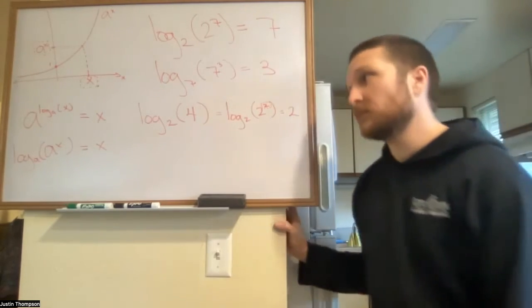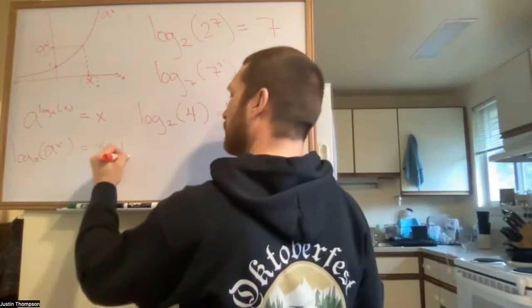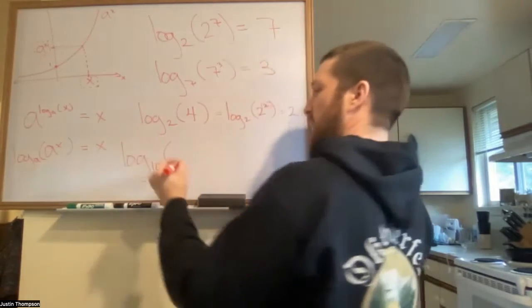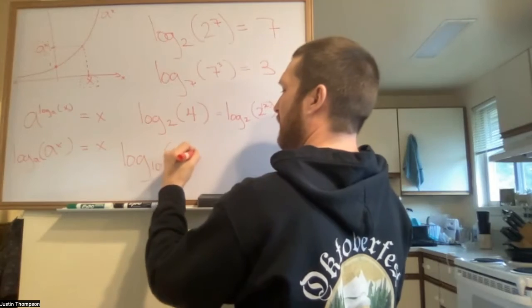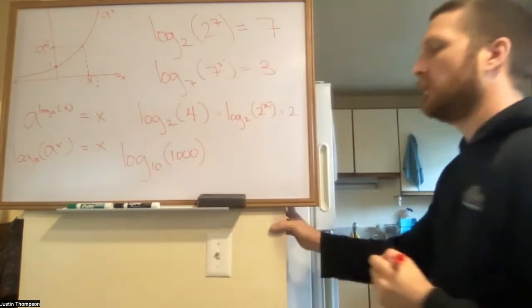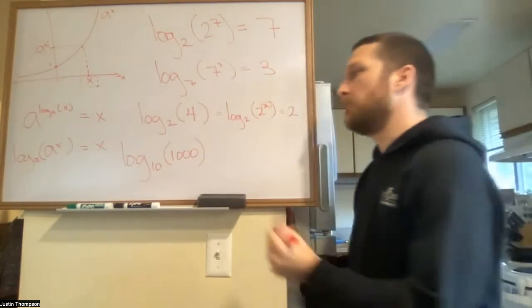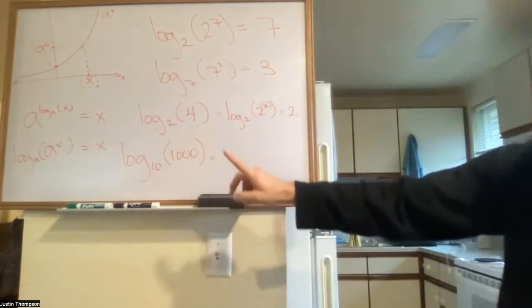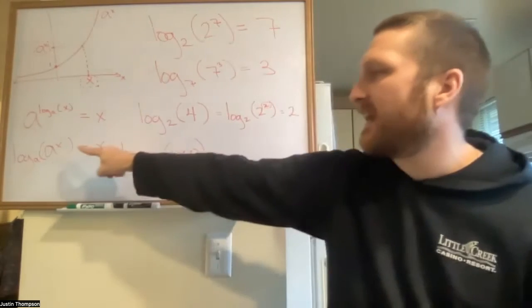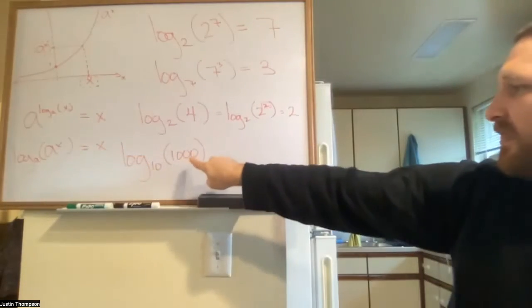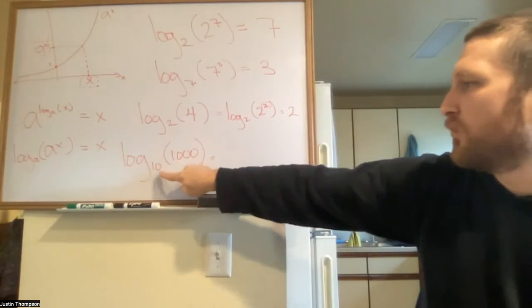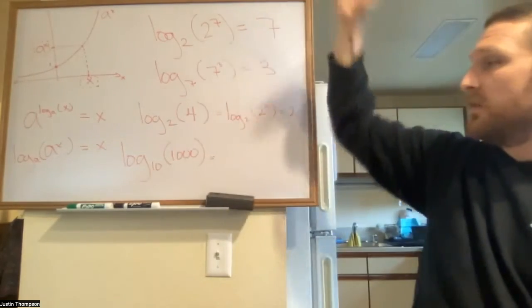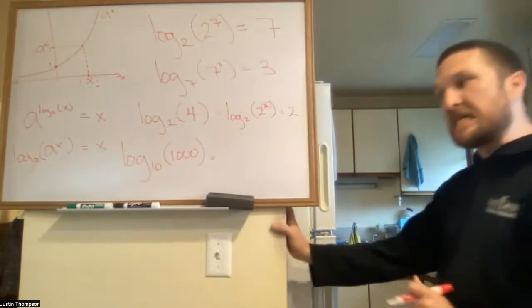And so let's do one more. Let's say I had log base 10 of 1,000. The idea is, because of this nifty little fact, if I could get this number written as this number to some power, then my life becomes very easy.